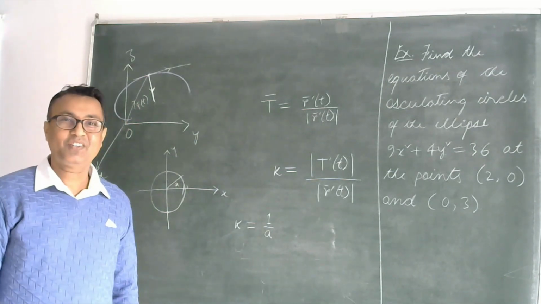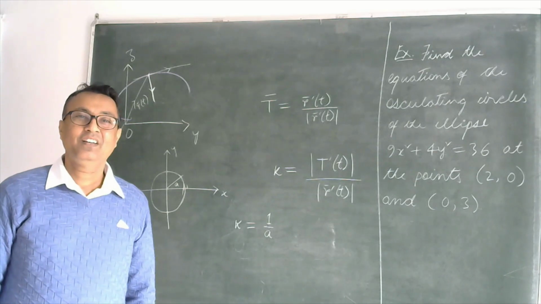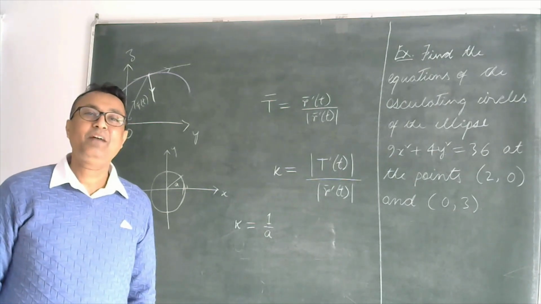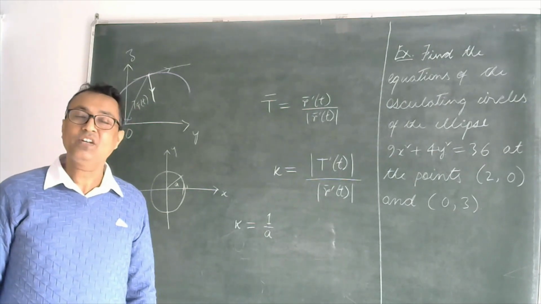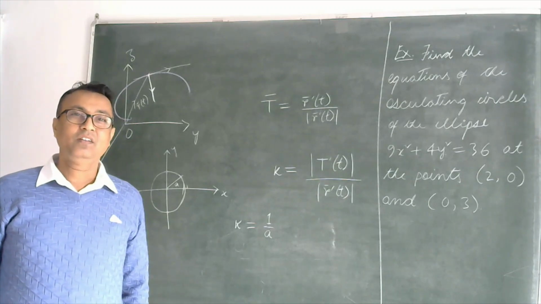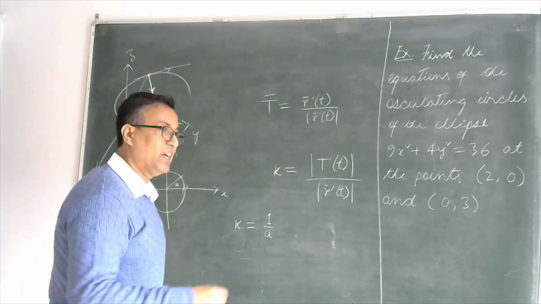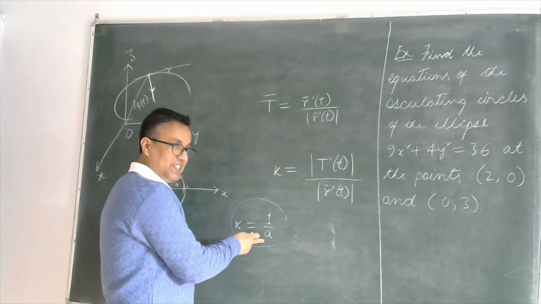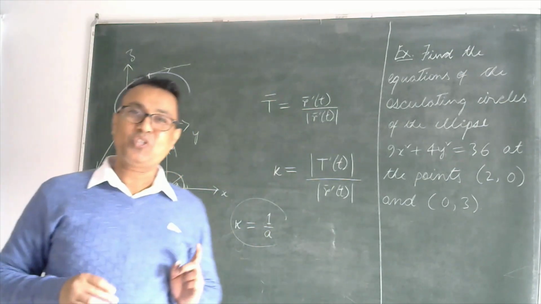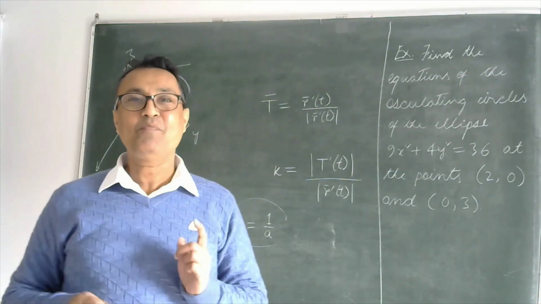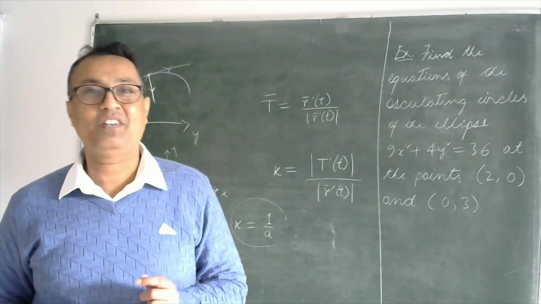So that means, in order to determine a circle, if you can find the curvature, you can easily find its radius. Suppose the radius is not known, but by some way you are able to find the curvature.